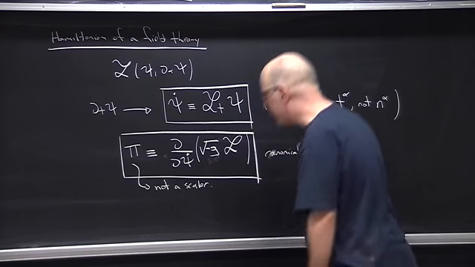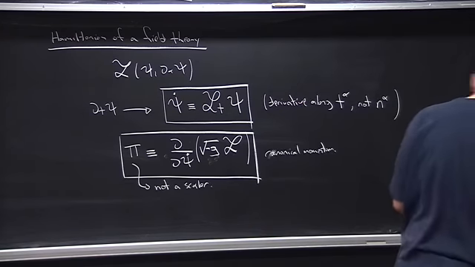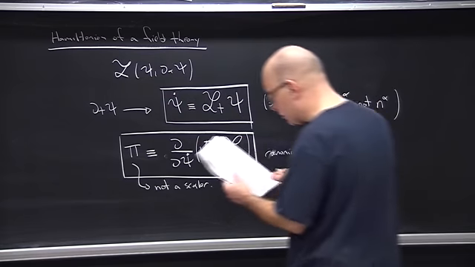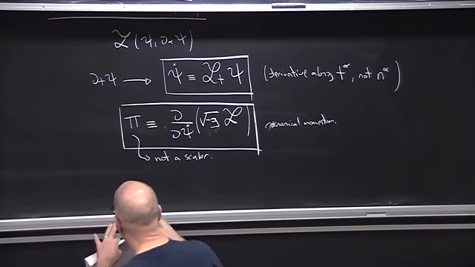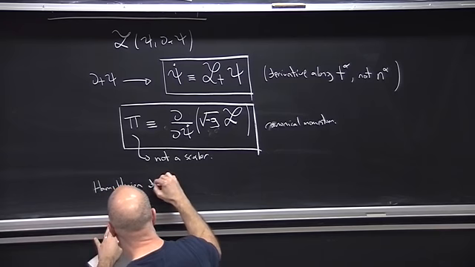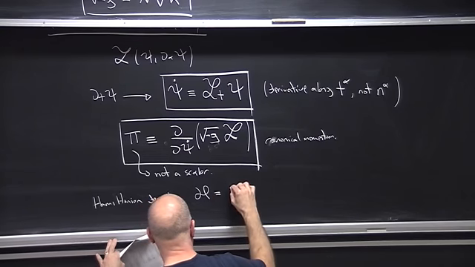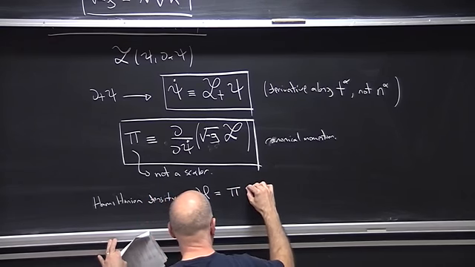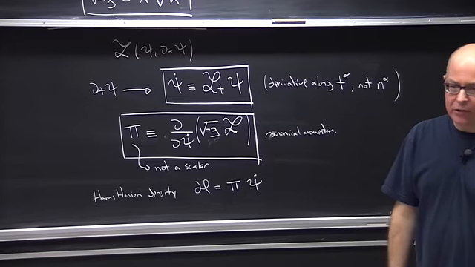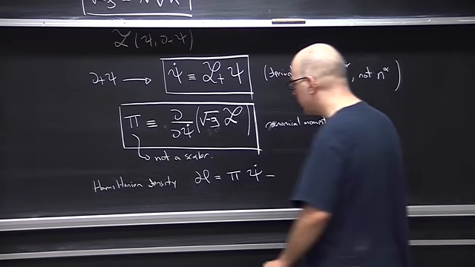Okay. The next step is to construct a Hamiltonian. At this stage, it's pretty straightforward. We just follow the analogous things. So the Hamiltonian density in this case is just going to be pi times psi dot, and it's understood that we re-express everything in terms of pi when we do this, minus the Lagrangian density.